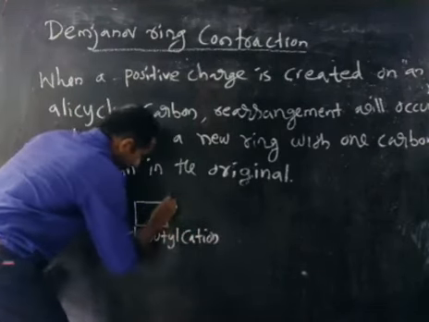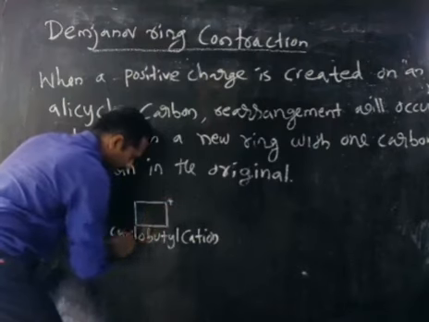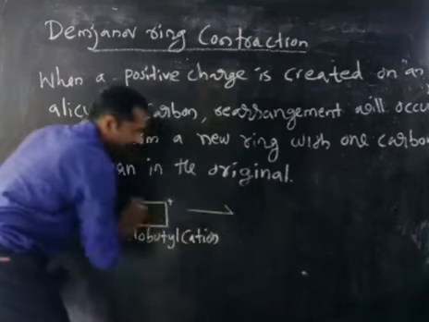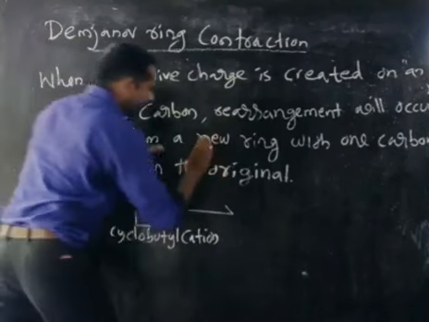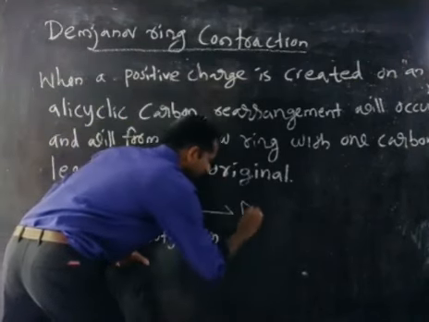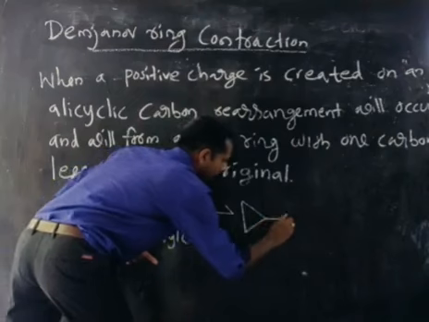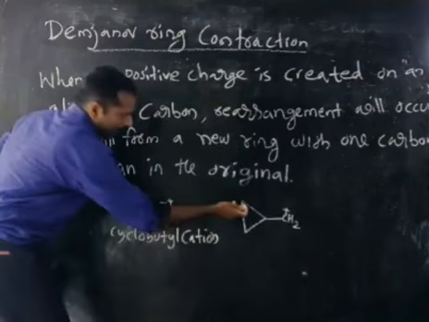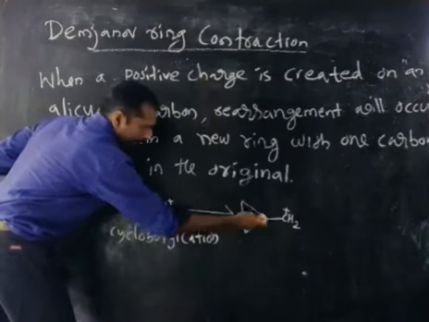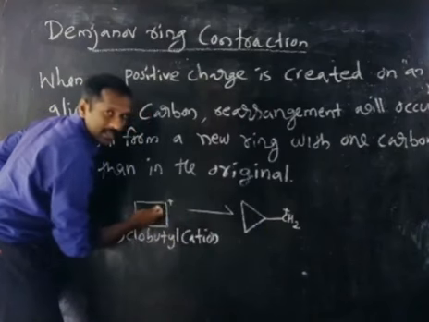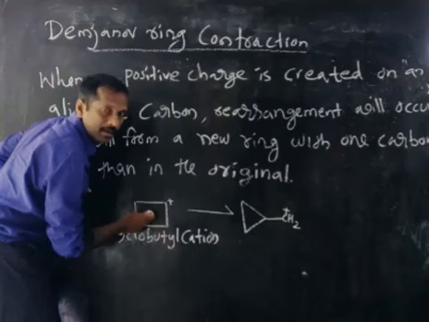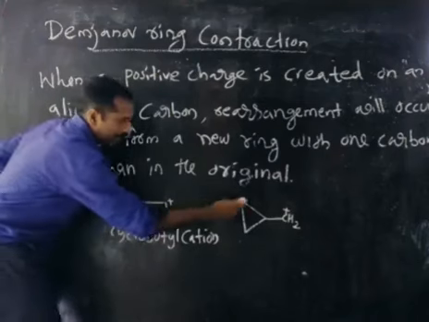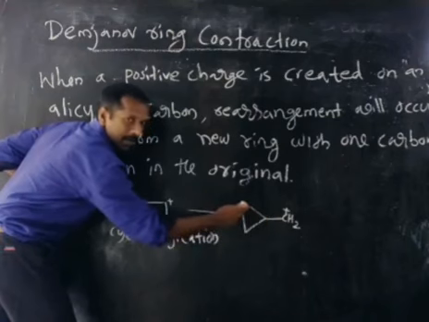So when a positive charge is created, that means this is cyclobutyl cation. Then there is a rearrangement, and you get this product, CH2 plus. That means you are getting a ring with one carbon less than in the starting structure. Here you can see this is a 4-membered ring, and here it is changing to a 3-membered ring.